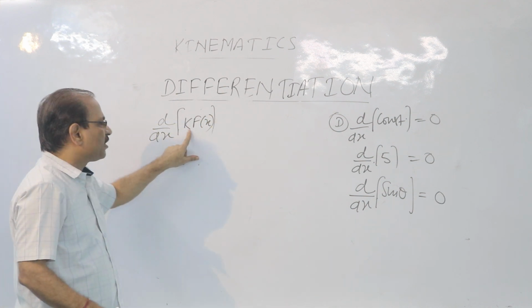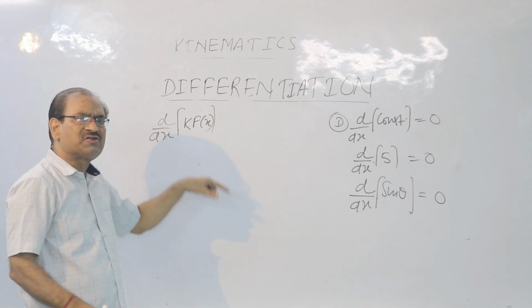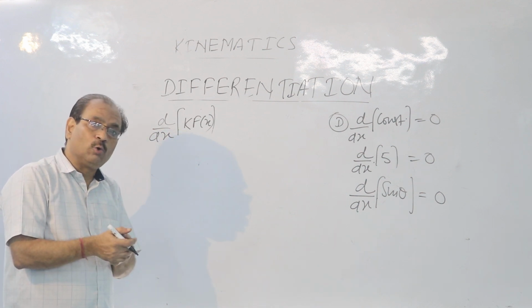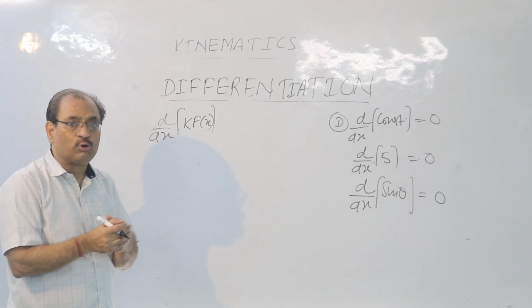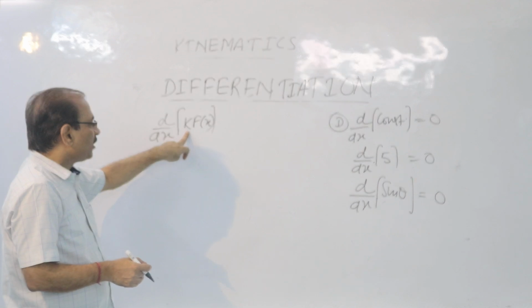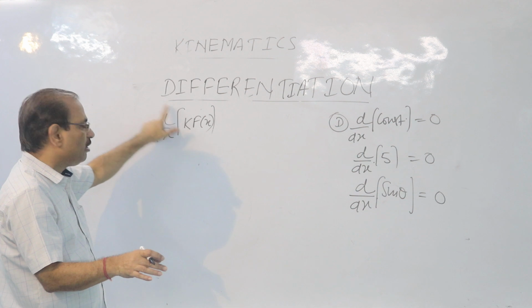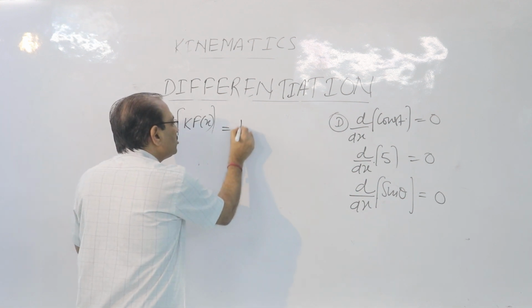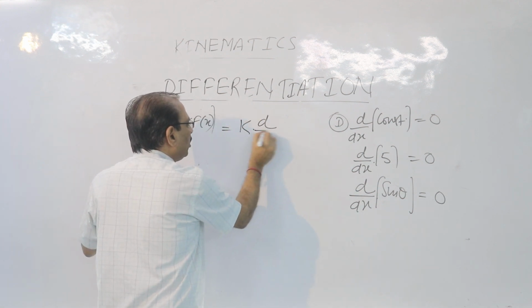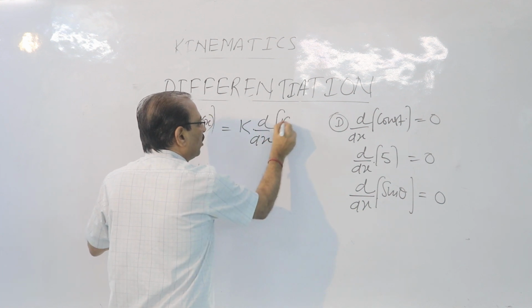The problem is k is a constant, f(x) stands for the function. How will you solve this type of problem? Children, k is a constant. It has no role to play over here. k will be coming out. So we shall have k outside, d upon dx of the function.